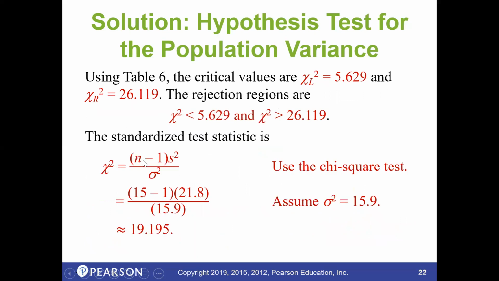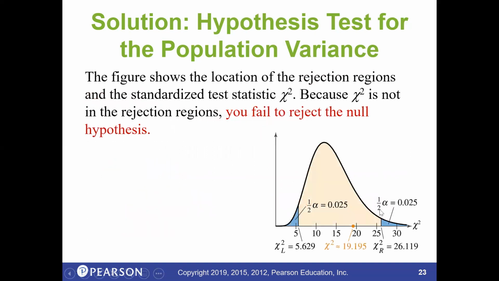Go with that here. So let's see, this should be 14 times 21.8. Divide that by 15.9. And we get ourselves 19.192. If you make a graphic of it, are we in the rejection region or not? That's the question. So make a graph of it. We've got to be at 26 on the right. We're only at 19. And so we're not in there.